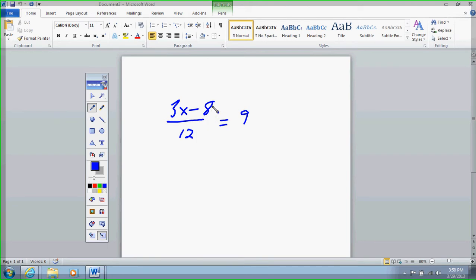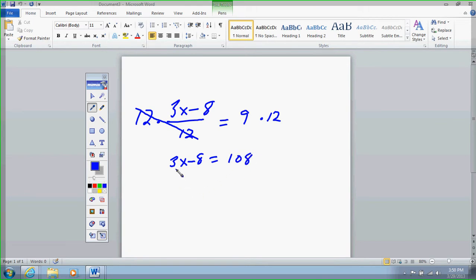So I got to figure out what's going on with the 3x minus 8. And what's going on with this 3x minus 8 is it's being divided by 12. So I have to multiply by 12 on both sides. Those cancel. What's left? Everything that's left, 3x minus 8 equals, and then 9 times 12 is 108.